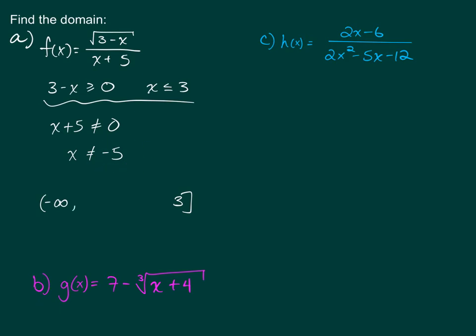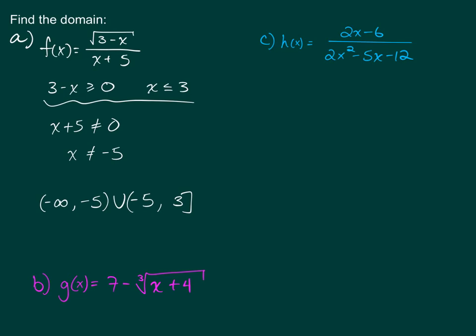So I'm going to say you can start at negative infinity and go all the way over to negative 5, as long as you don't equal negative 5, because that's what this is telling you. I can hop over the number negative 5 and start right on the other side of it. And there's the interval notation.